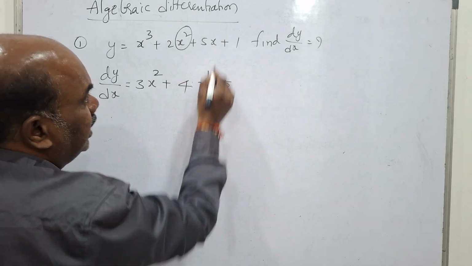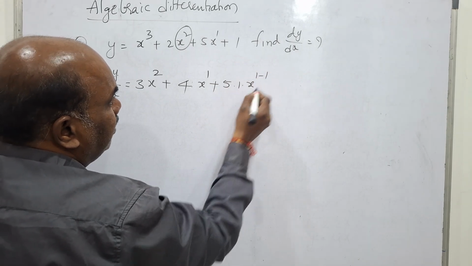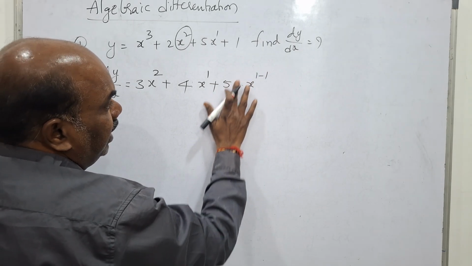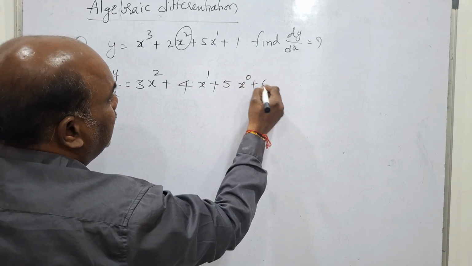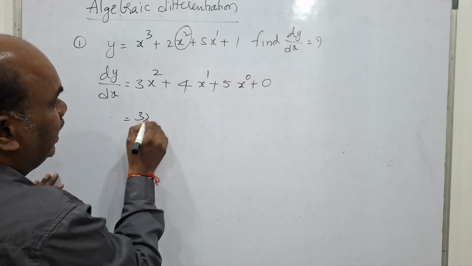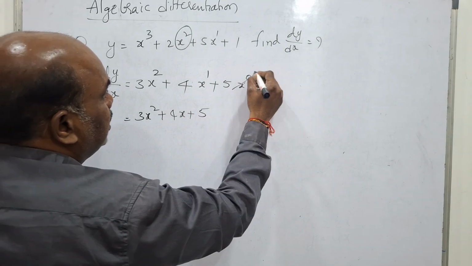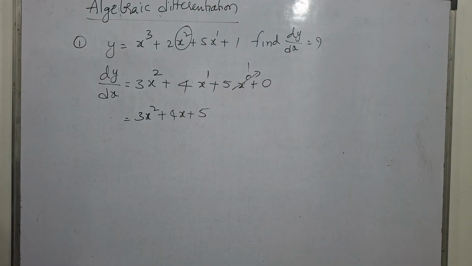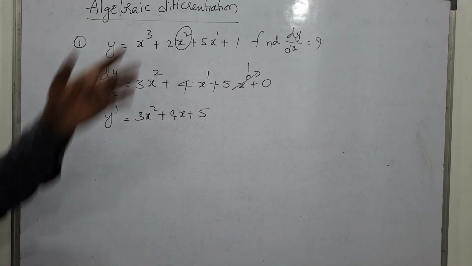Plus 5 constant, x power 1: 1 into x power 1 minus 1, that means x power 0, 5 into 1, 5. X power 0 plus this constant value, constant differentiation is 0. That means directly you can write 3x square plus 4x plus 5. X power 0 value is 1, any power 0 is 1. So this is y dash, the differentiation of the given function, beta.